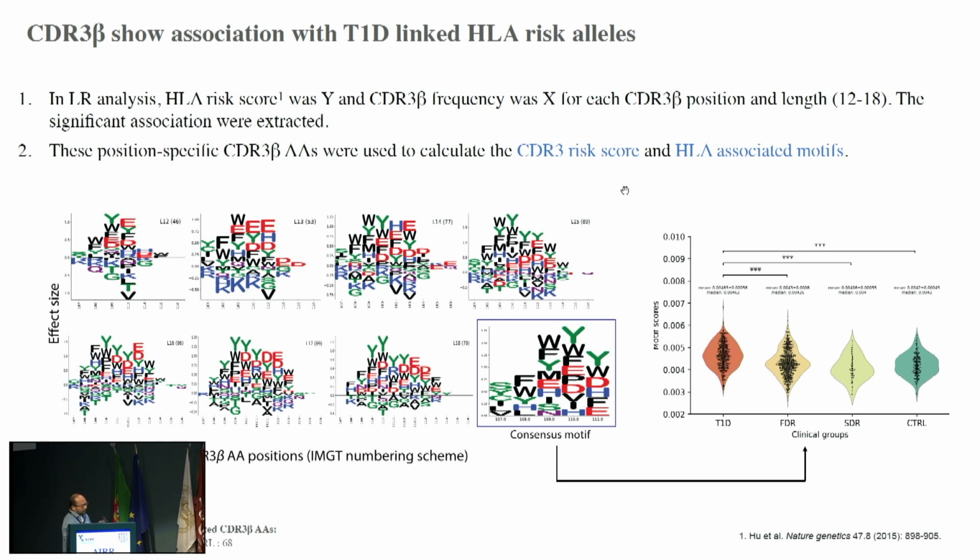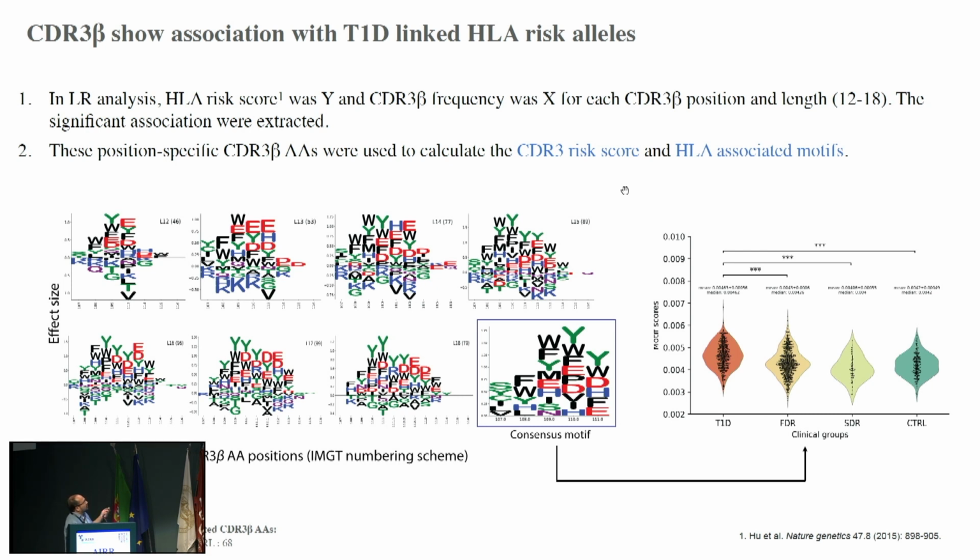For that we did a logistic regression analysis where we take the HLA risk score as an independent variable, and we use CDR3 beta frequencies as a dependent variable. For each position we have found the positively and negatively associated amino acids, and the effect sizes are basically your correlation coefficient. And we have taken only the significant p-values of less than 0.05.